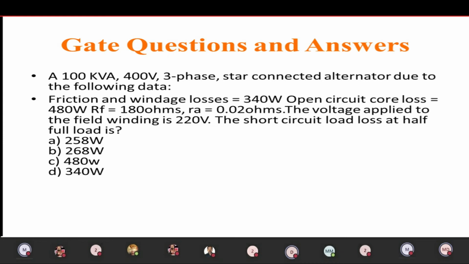RA is equal to 0.02 ohms. The voltage applied to the field winding is 220 volt.